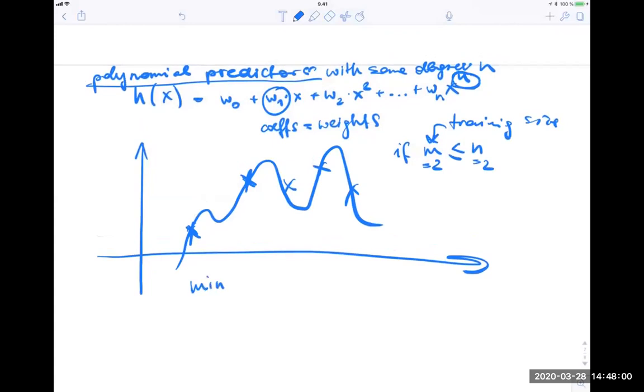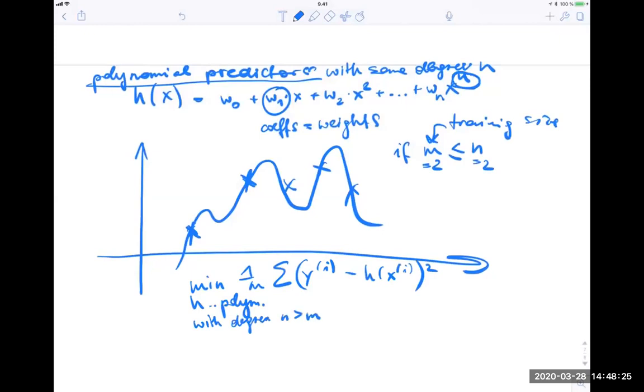When you minimize the training error, so you do this minimization, where h is a polynomial, what do you think you get if the degree n is larger than m?